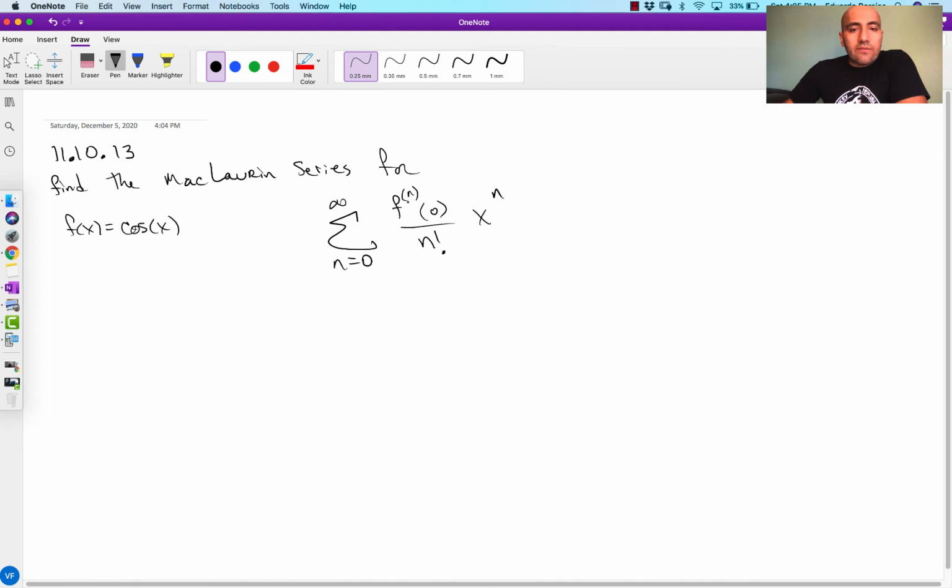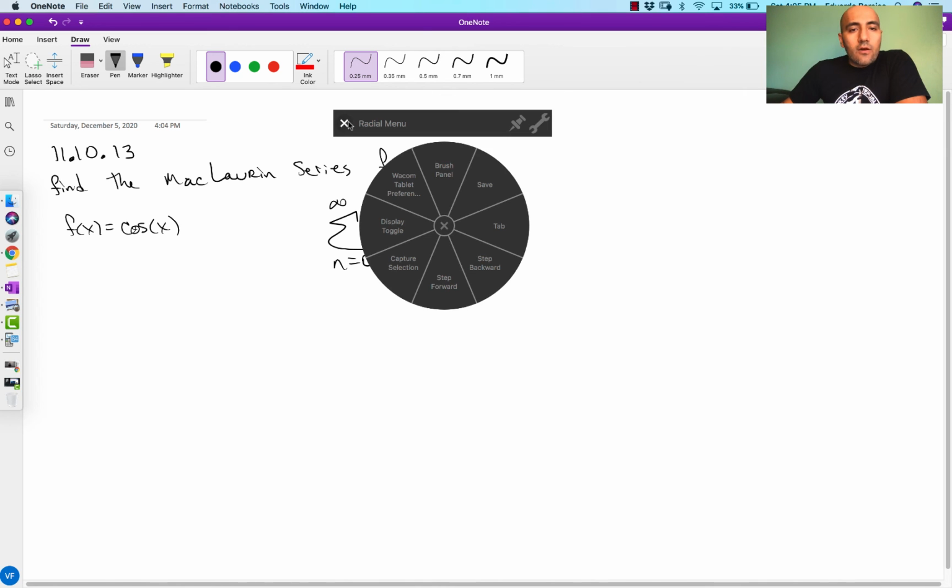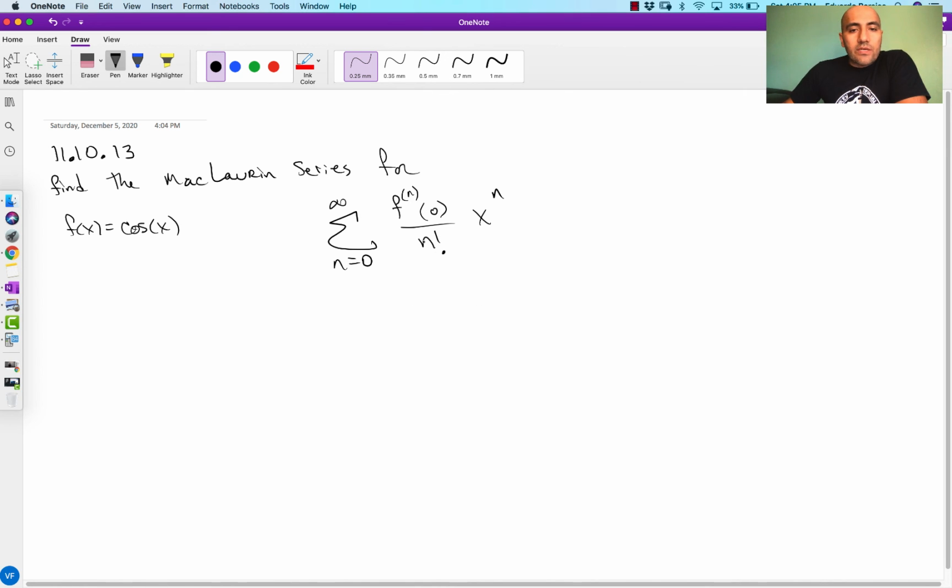Okay, so we need derivatives. 1 derivative, 2 derivatives, 3 derivatives, all the way out to the nth derivative. And then we're going to evaluate each one of them at 0 and hopefully find a pattern that we can use so we can express the whole thing with that pattern. And then put it back in here so we can figure out what this is, and then we're going to determine whether it converges, diverges, and what the interval of convergence is. Sounds easy, right? Okay, so let's get started.